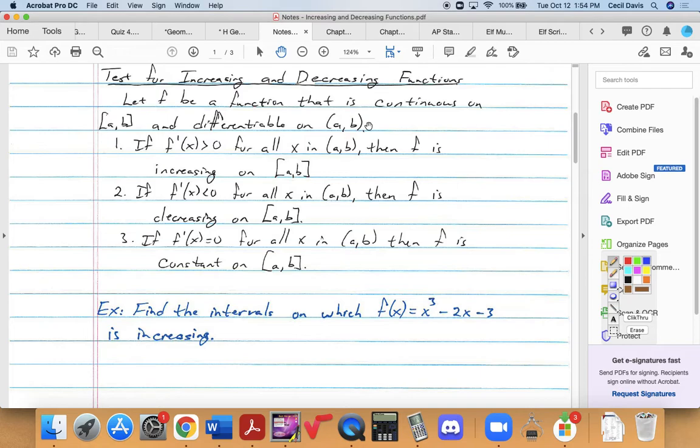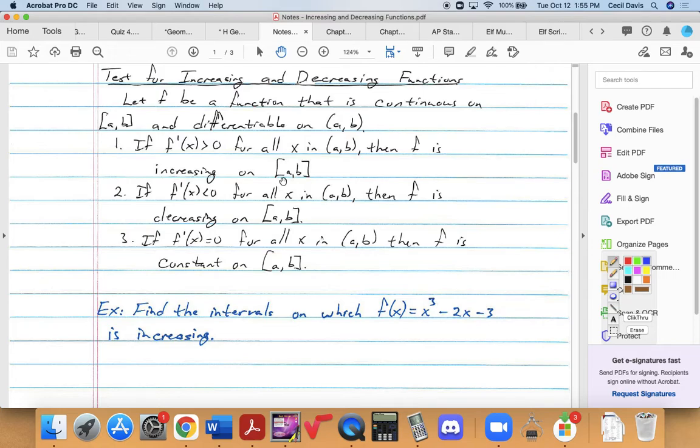You're going to find actually there's a fair number of things that we do that have the same conditions as the mean value theorem. So, if my derivative, f prime of x, is greater than 0 for all x in the open interval from a to b, so we don't care what happens at a, nor do we care what happens at b, then f is increasing on the closed interval from a to b.